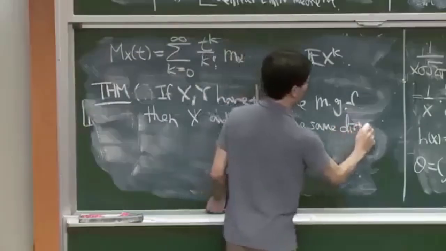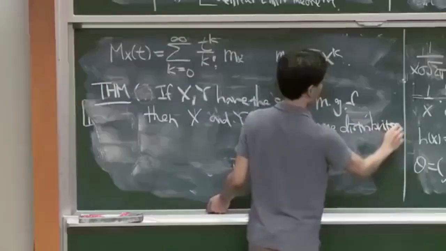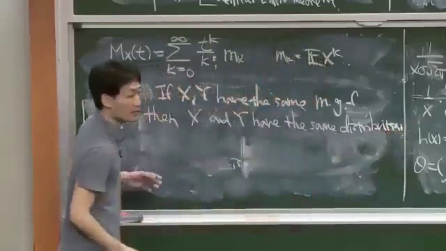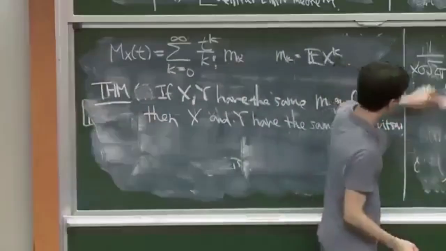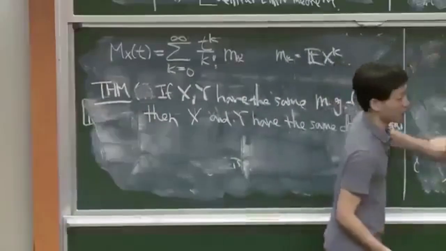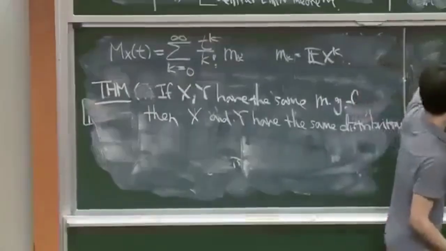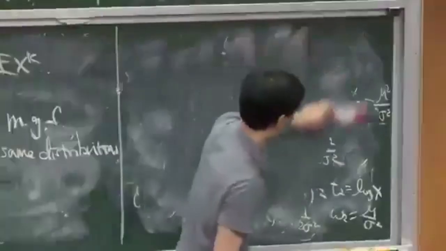I will not prove this theorem, but it says that the moment generating function, if it exists, encodes really all the information about your random variables. You're not losing anything.